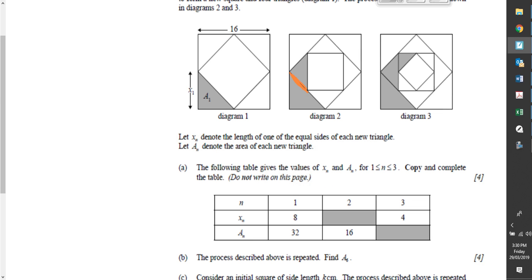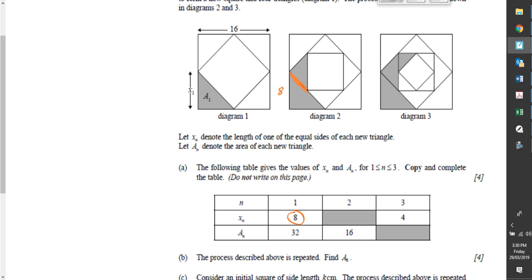Okay. Now we know that the length of the first one is 8. All right. And we can see that it's 8 because the total length side is 16. So 16 divided by 2 will give us 8. So we know that this is 8 here. So we need to figure out the hypotenuse of this triangle here and halve that hypotenuse, and that will give us the side length there.